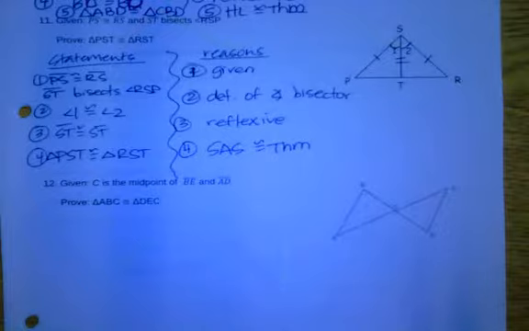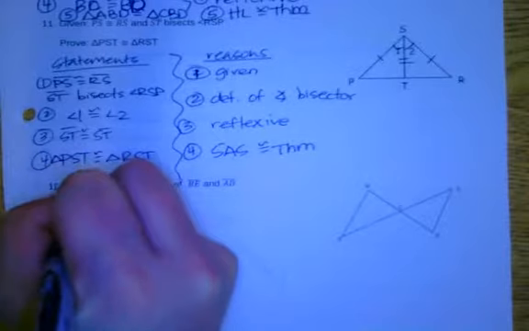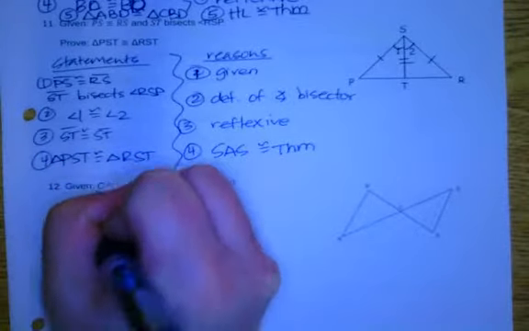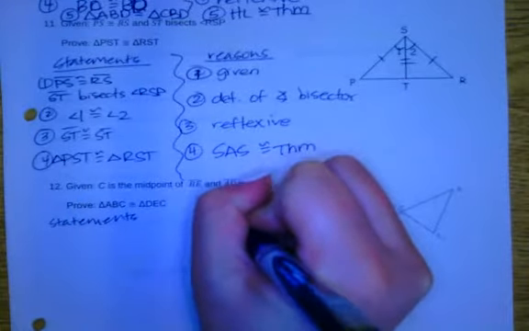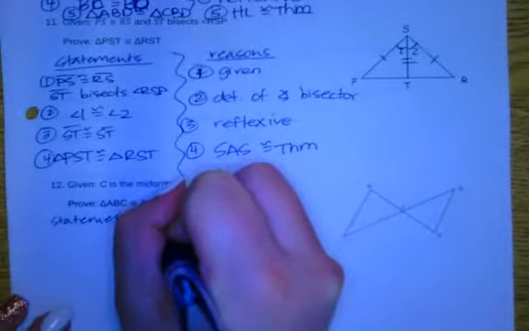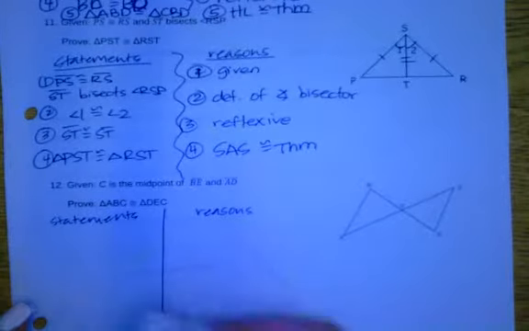Last one. Statements. This one has 5. Reasons. Okay, C is the midpoint of BE and AD.